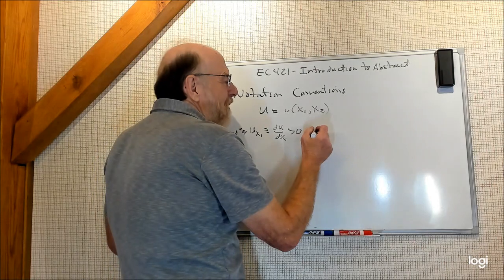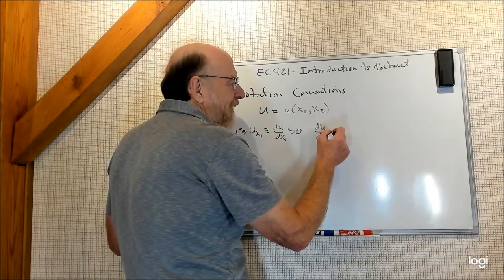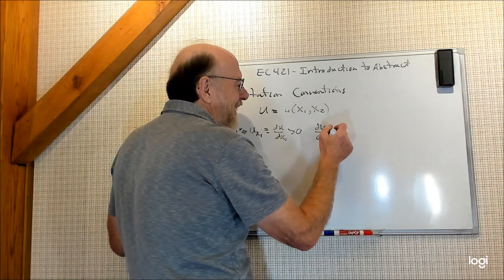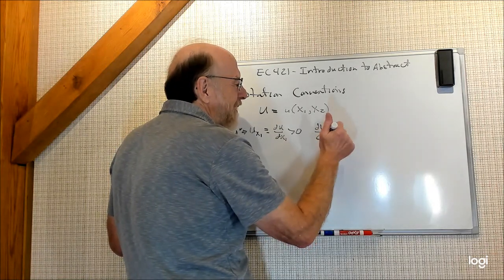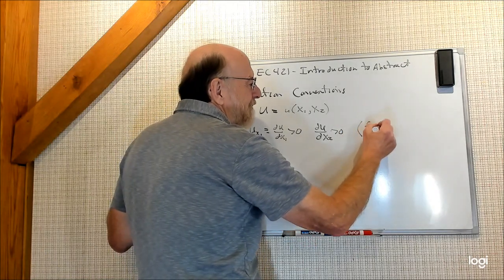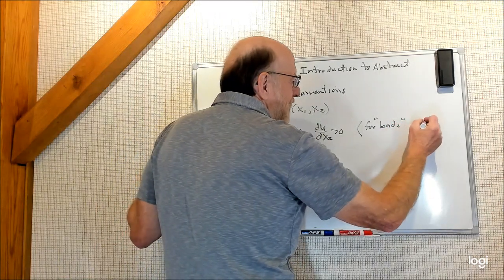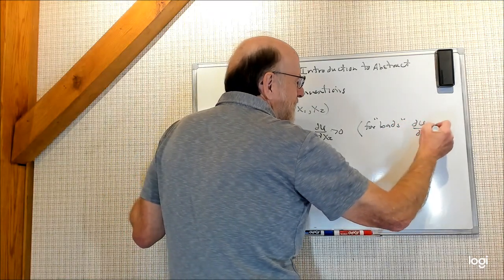Okay, and so normally we're going to assume that all these things are goods, although that's not absolutely always the case. Okay, for bads, the reverse holds, right? So we get du dx3 is less than 0.